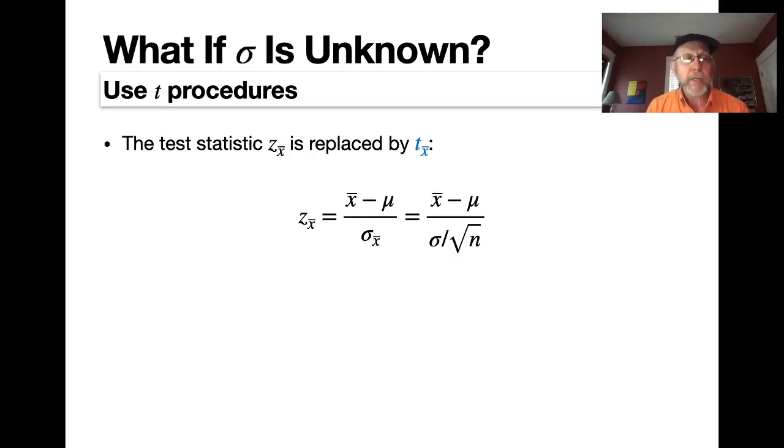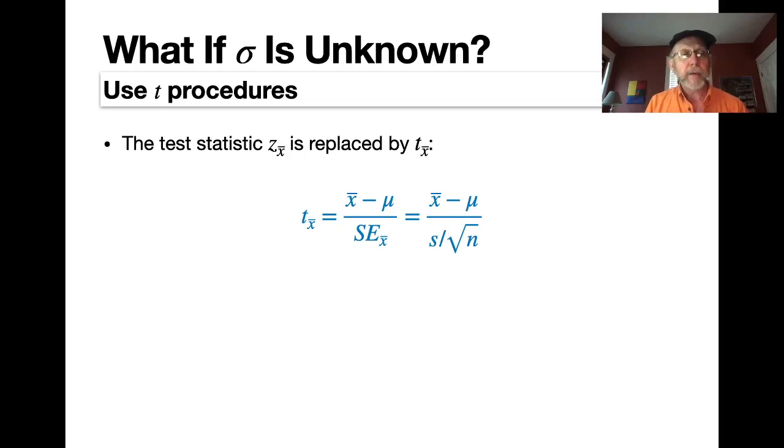And the only difference is we replace the unknown parameter sigma by its estimate, the sample standard deviation S. So when we do that, we get the t-score for our observed x bar: x bar minus mu over the standard error of x bar, which equals x bar minus mu over S, the sample standard deviation, divided by the square root of n.